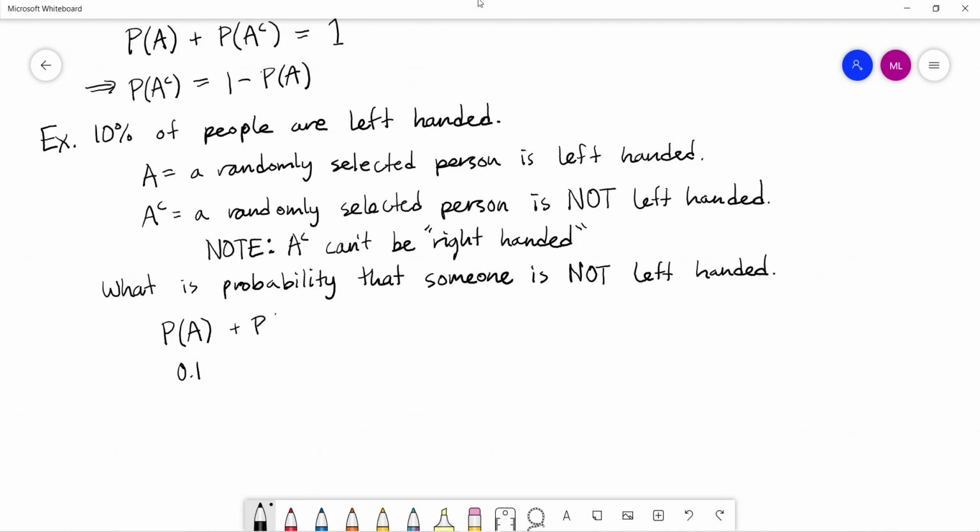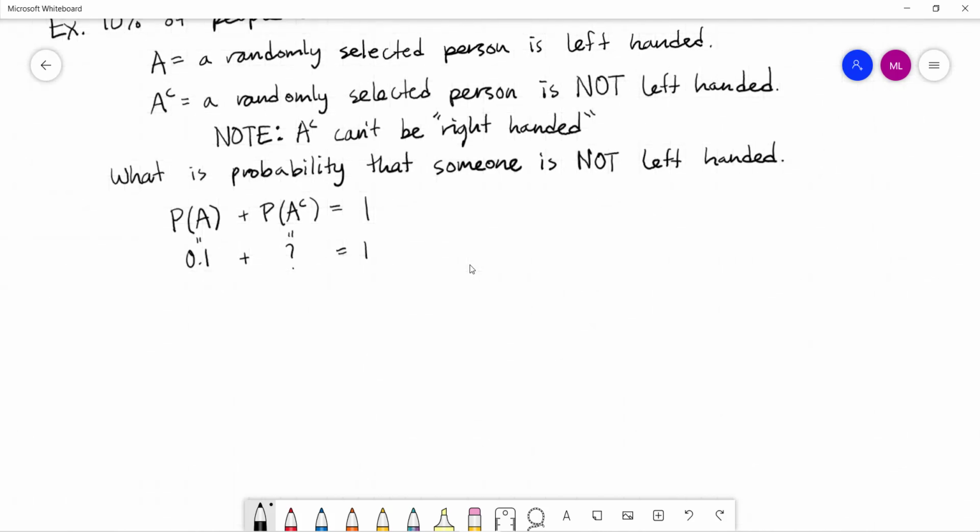So if I add the probability of A complement, which is something that we don't know, it has to add up to 1. So what number has to go here for these things to add up to 1? Well, we could solve for it by subtracting 0.1 from both sides, but you can probably just do this one in your head. This implies that the probability of A complement is going to be 0.9. So 90% chance that somebody is not left-handed.